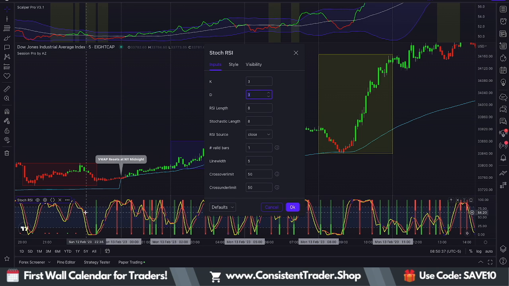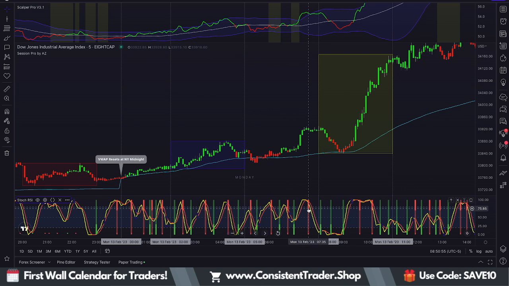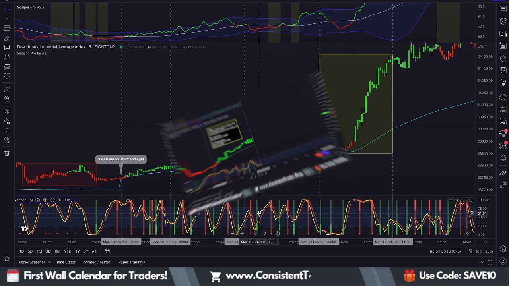If you add this indicator to your chart, it will already start with the 3388 settings right here. The only thing you will have to change here is the valid bar setting, and you want to decrease that down from 3 to 1. So we only see the highlight on the stochastic RSI when it's crossing over and it's confirmed at the candle close. Alright guys, that's it for the indicator setup.